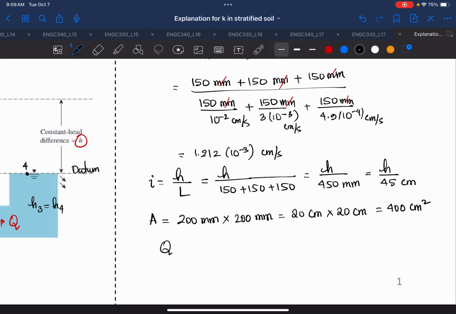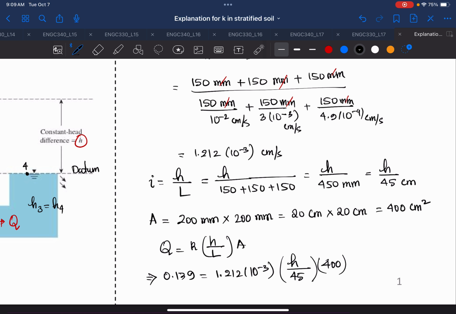So now we know that Q is equal to K h over L times A. From here we can find that Q, 0.139, is equal to 1.212 times 10 to the power minus 3, times h, which we don't know, over L, which is 45 centimeter, times A, which is 400 centimeter square.